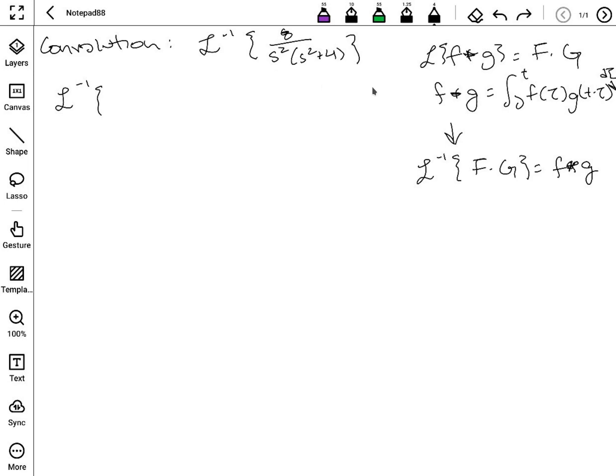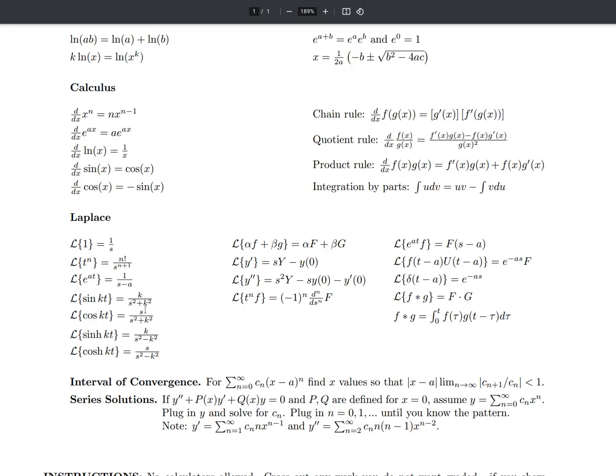So the two factors I'm seeing here are s squared and s squared plus 4. If those two things weren't together in the denominator, then these would be functions that I know how to take the inverse of already. 4 is 2 squared, so if I had 2 over s squared plus 4, I know that that is a sine function.